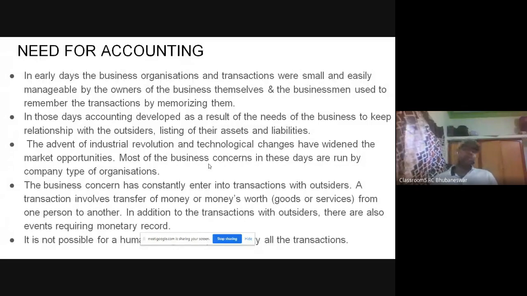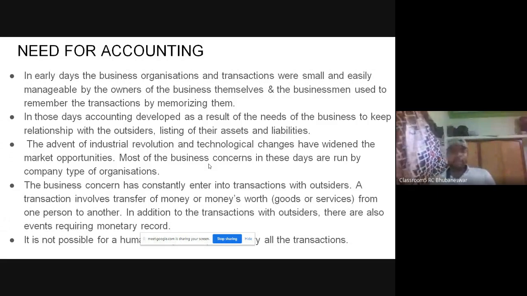When the number of purchases, sales, borrowing and lending increases, we should have a particular package or format where we can record them, because we can't remember or memorize many things simultaneously. It is not possible.